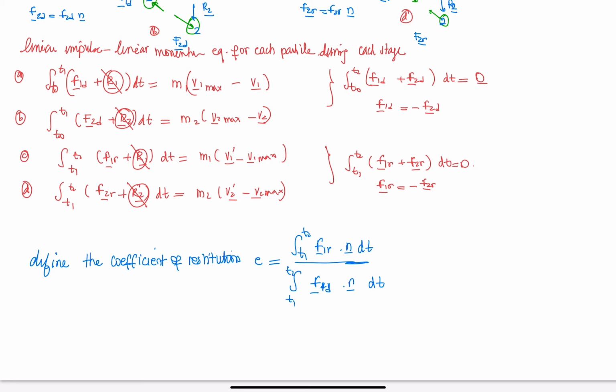So basically, that's the impulse of the restitutive forces over the impulse of the deformation forces.